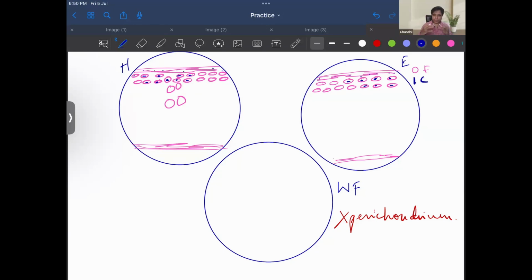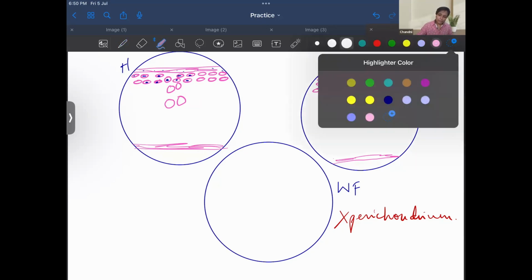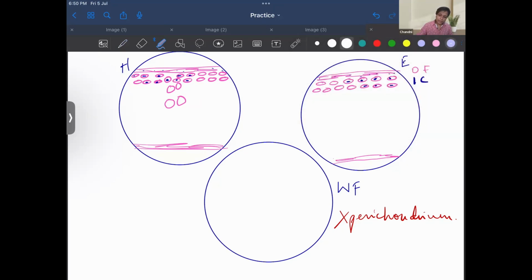Now let's get into what's next, the medium in which all your other things are floating around. This might be slightly messy and I might come out of the lines. Please excuse me. What you need to do in hyaline cartilage is make the entire substance slightly bluish.